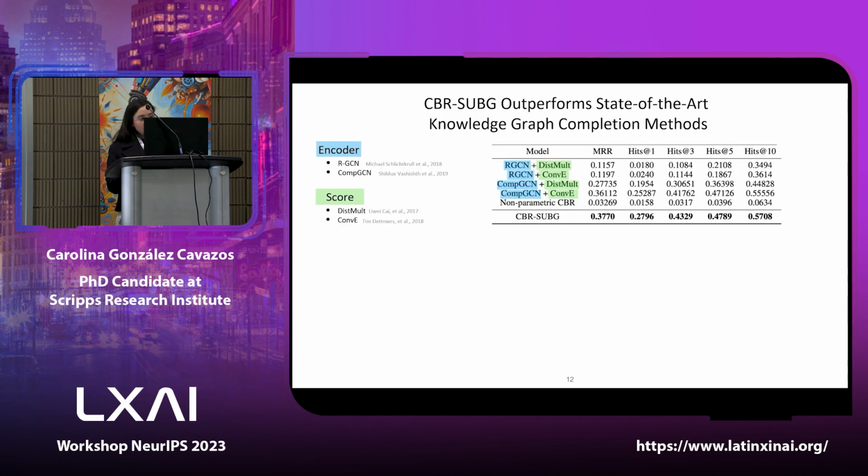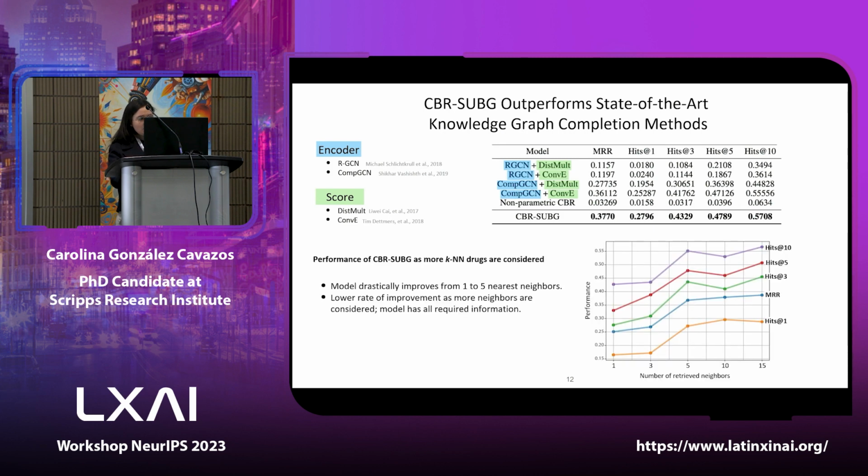So these are the results. We compared case-based reasoning to other knowledge graph completion frameworks that are also using a graph neural network strategy. And we can see that in all the metrics that we tested, case-based reasoning is outperforming them. And then we were also curious about the improvement of our model as more evidence is incorporated.